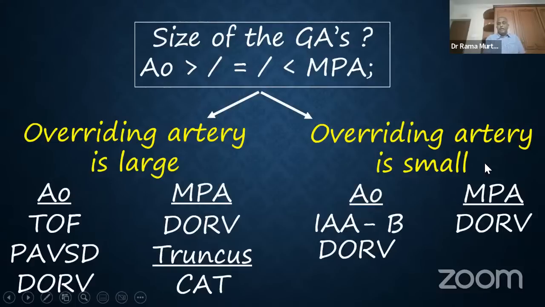And the MPA can be an overriding artery in DORV. As I said, you can get any combos. So DORV is ubiquitous. It can come in any of these categories. So overriding artery large, overriding artery small. Remember, overriding artery small is much rarer than overriding artery big, and it is seen in interrupted aortic arch when the aorta is in question. And in DORV, it could be either a small aorta or a small pulmonary artery which is overriding.